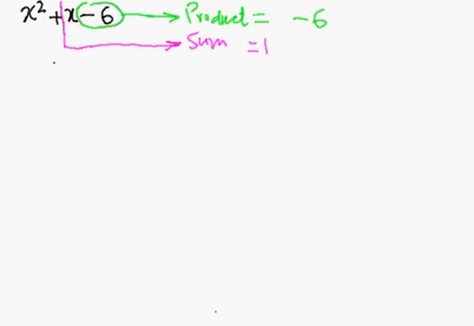And I now need to find two numbers which when multiplied give me -6, and when added they give me 1.